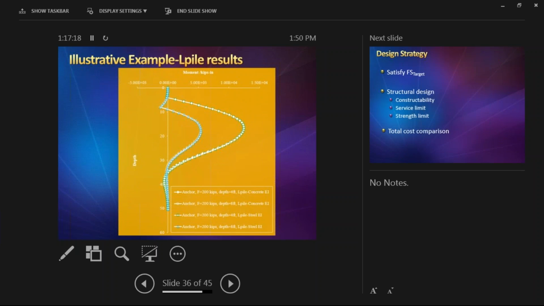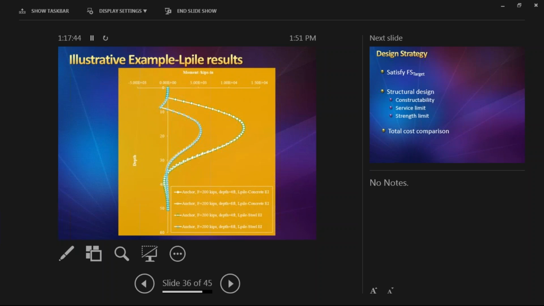So again, the introduction of the anchor to the drill shaft significantly modifies the magnitude and the distribution pattern of the moment, and similarly the shear force as well. So you take the shear force and the moment, and then design the reinforcement for the drill shaft.